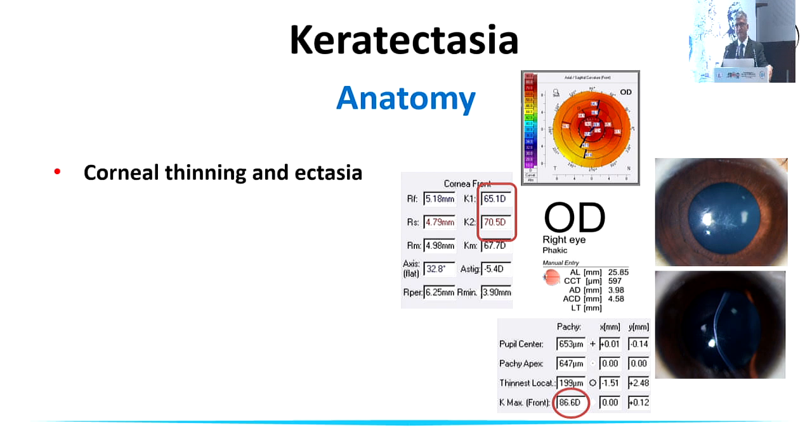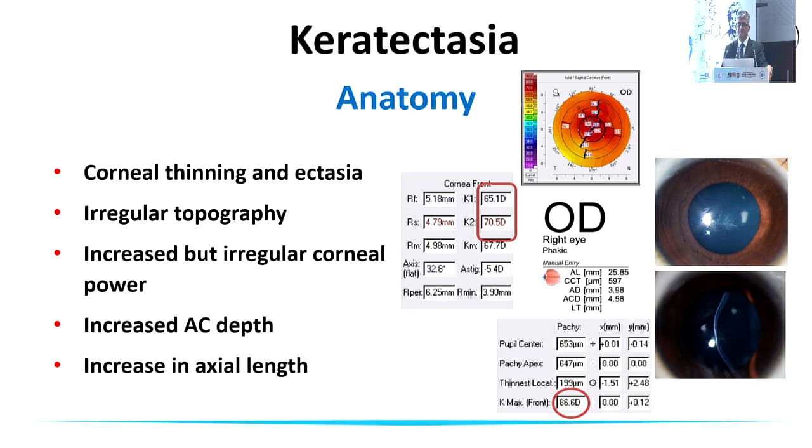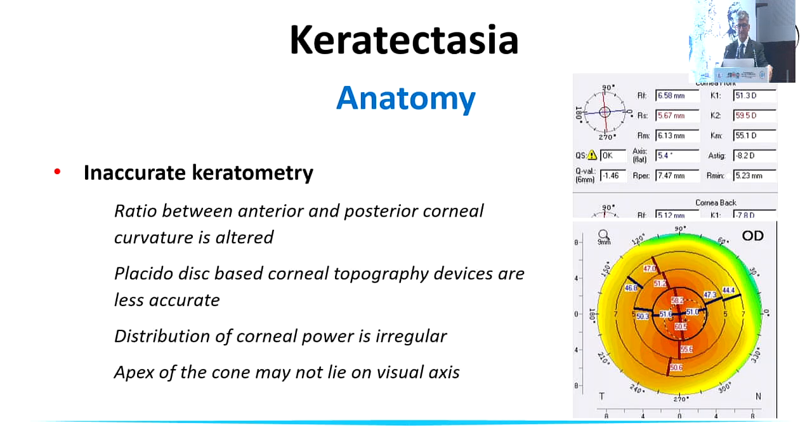Now you all are aware that ectatic diseases of cornea are characterized by thinning as well as ectasia that results in irregular topography. There is increased corneal power, but unfortunately that increase is not uniformly distributed through the cornea. The ectasia results in increased anterior chamber depth and also increased axial length.